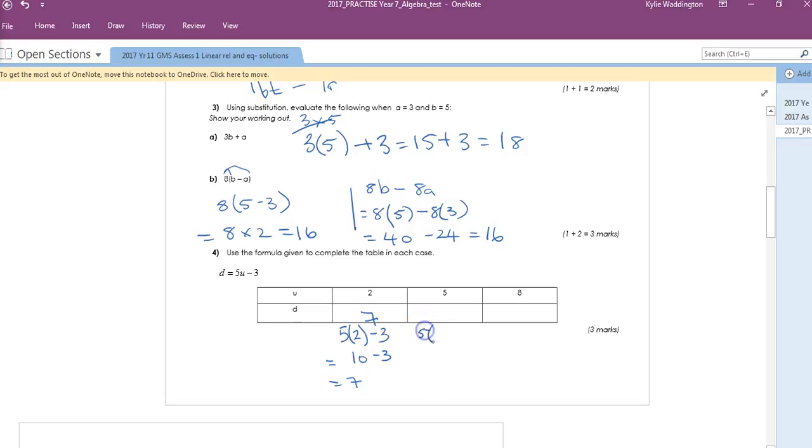Again, 5 times 5 minus 3 is equal to 25 minus 3, which gives us 22. And last one, 5 times 8 minus 3 is equal to 40 minus 3, which is equal to 37.